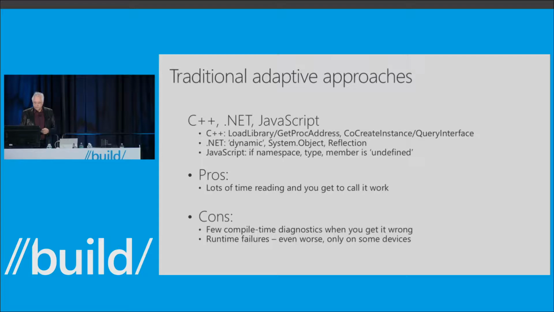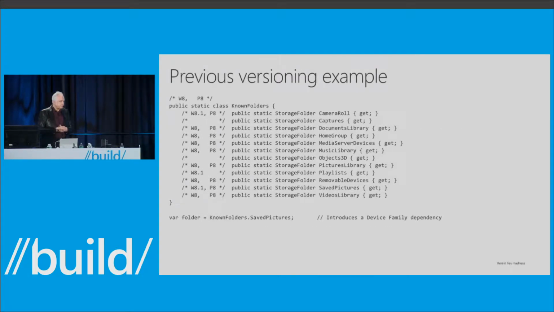That's pretty darn low level. The other con, and this is still true to some extent in the world I want to move you to through this talk, we have runtime failures. And especially if you're doing different light up per device, it only fails on this device. And so if you don't test in that platform, you won't see the failure. So that's kind of a con. We'll have to watch out for that.